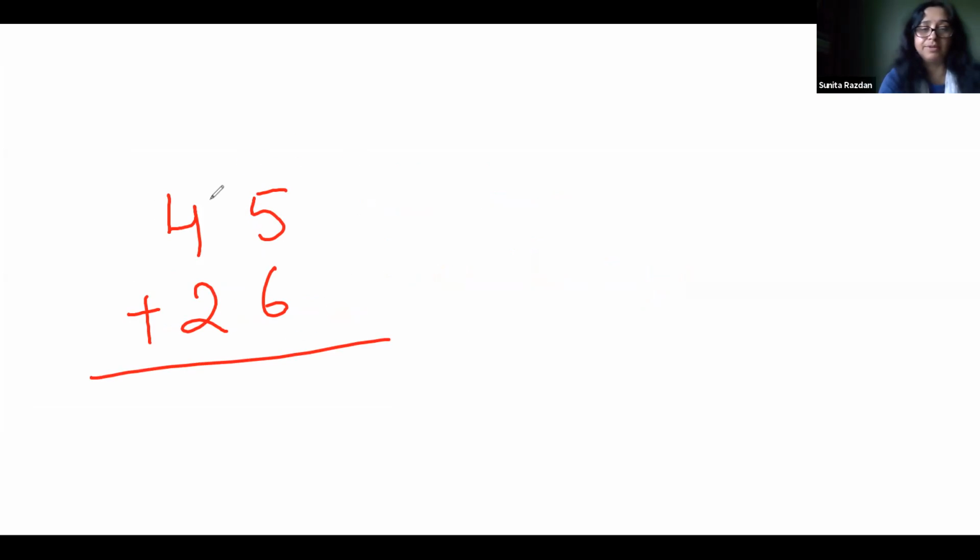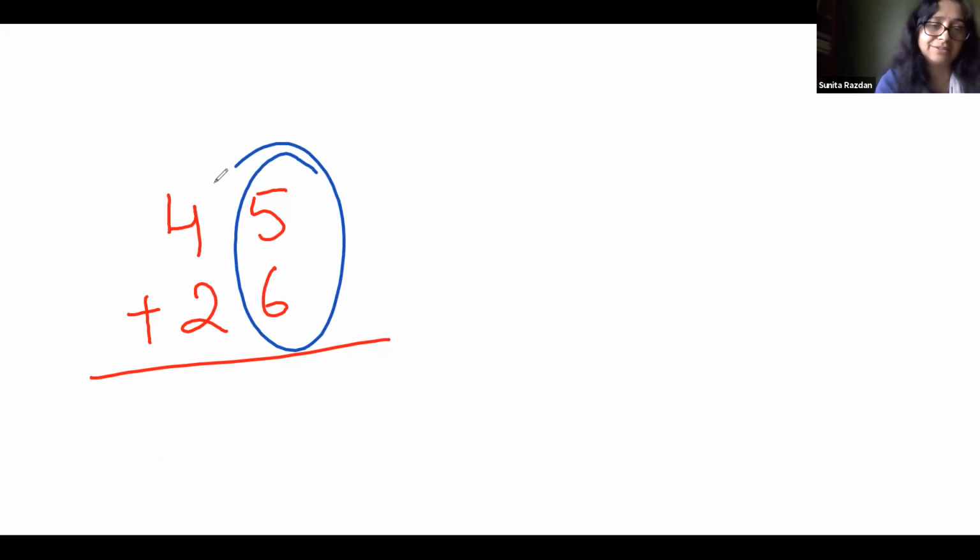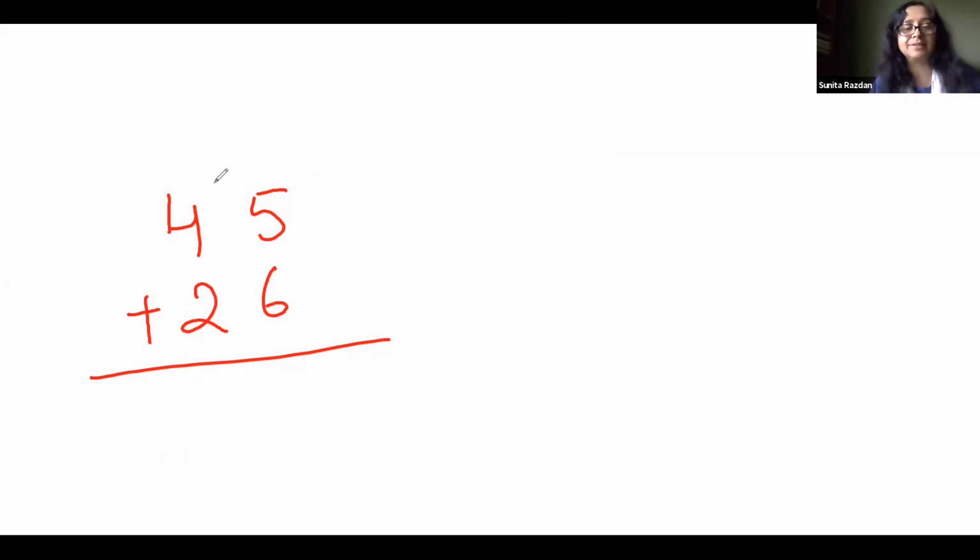There is a carry from here, right? So you look at this and add them together. 4 plus 2 is 6, okay? You do not have to write that in here. Just keep that 6 in the mind, and then add this together. What is 5 plus 6? 11.